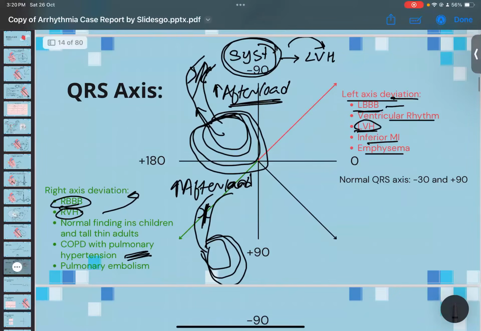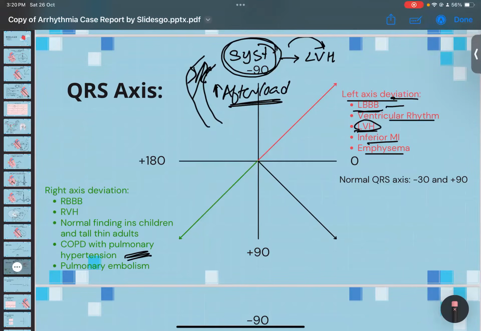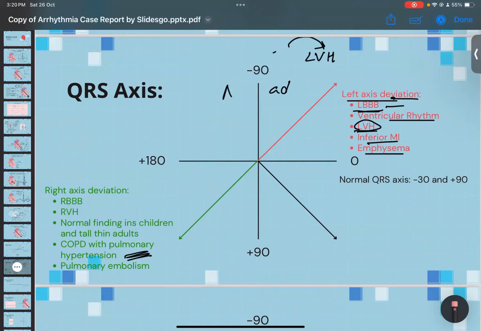So that's just something you want to keep in mind. Sometimes they might not give you left ventricular hypertrophy as the cause of left axis deviation. They might tell you it's systemic hypertension, but obviously systemic hypertension, if it is in a chronic state, will lead to left ventricular hypertrophy. Same thing here. They might not give you right ventricular hypertrophy. They might just give you pulmonary hypertension or COPD.